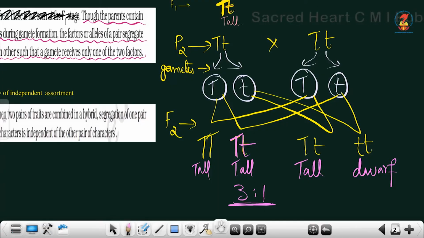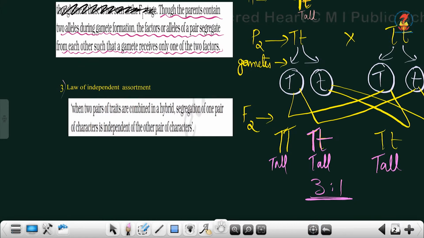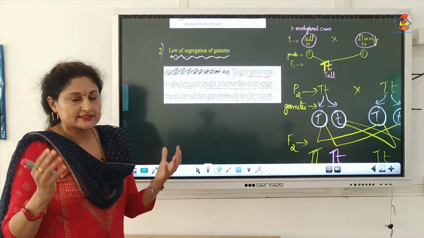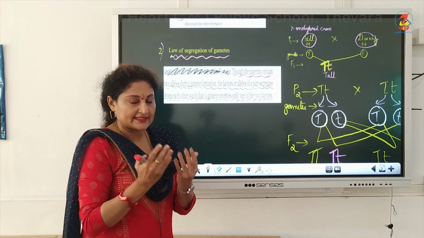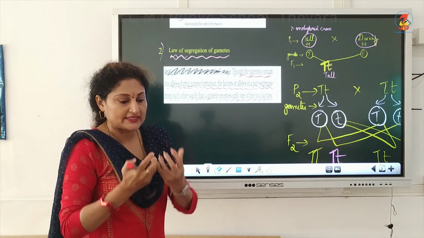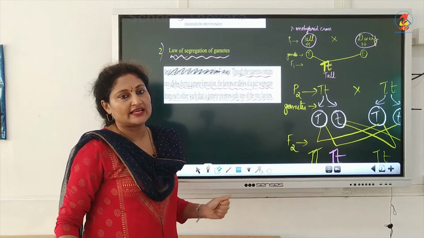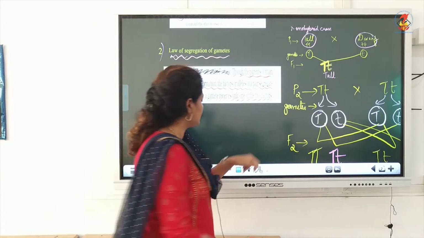So, once again, what does the law state? Though the parents contain two dissimilar alleles, at the time of gamete formation the alleles separate from one another and each gamete receives only one of the alleles, never both. That is explained at this step.